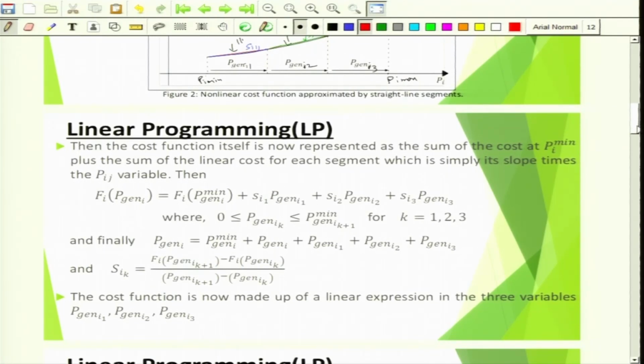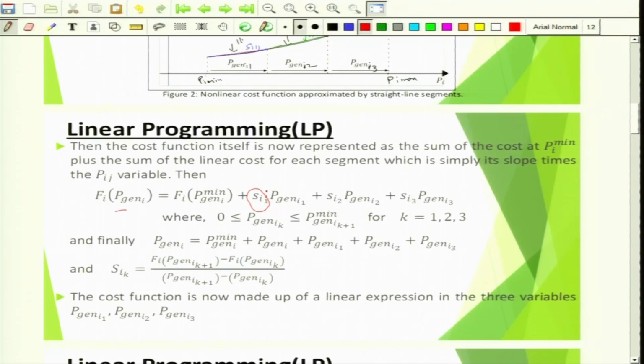That means the total cost of the ith generator is the cost at its minimum generation, Pi minimum, plus the slope SI1 times P gen I1, whatever the power generation taking place in segment 1 of the ith generator.